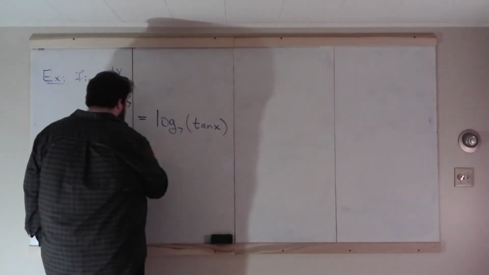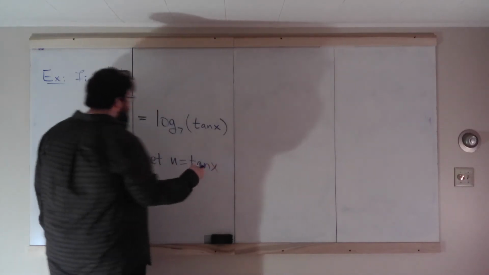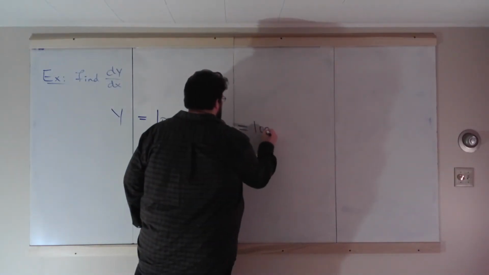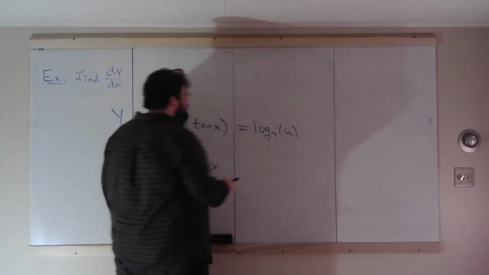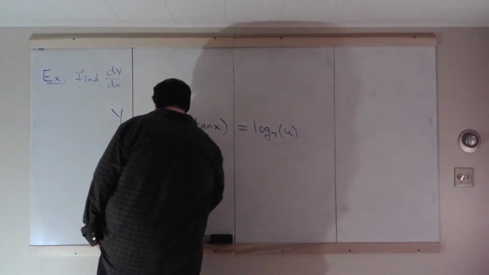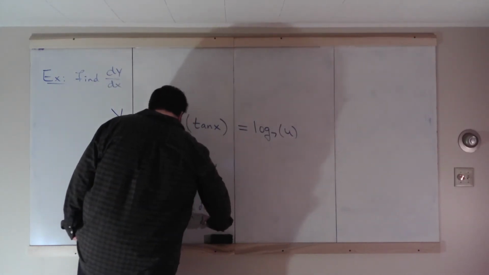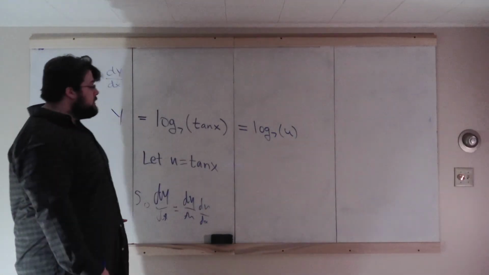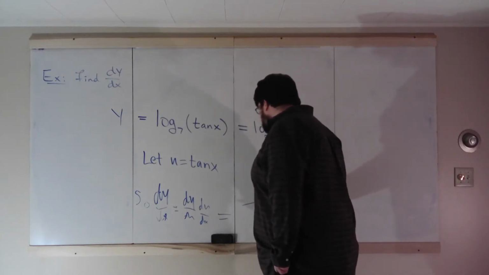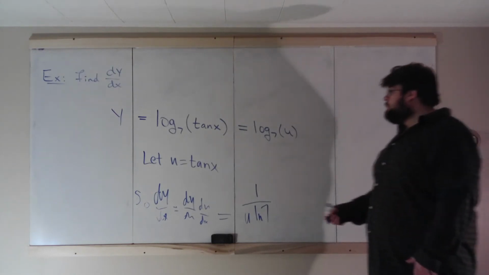So let's get rid of that tangent and replace it with u, because the tangent is in the way. If we let u equal tangent x, then y is just log of u with base 7. And now we can take the derivatives. So dy dx equals dy du times du dx. What's dy du? Well, page 2 of the chart, entry 3. 1 over u log 7 times the derivative of tangent.